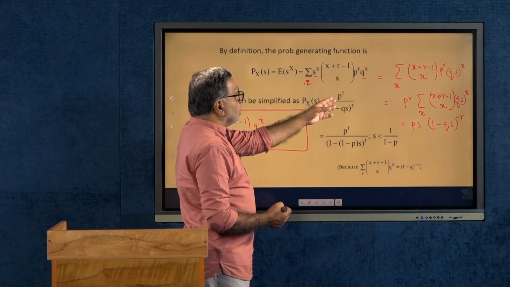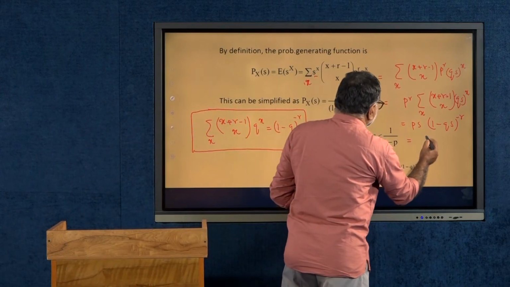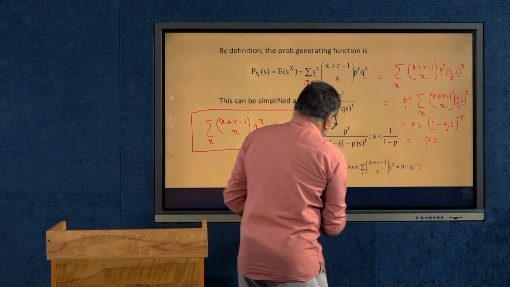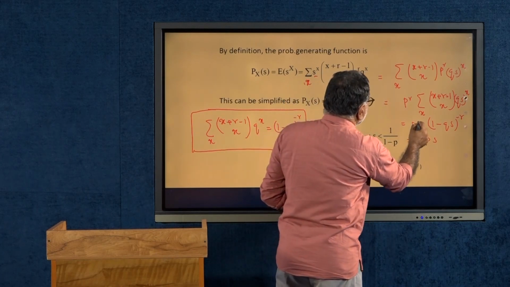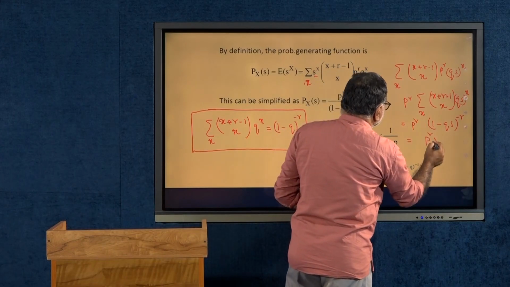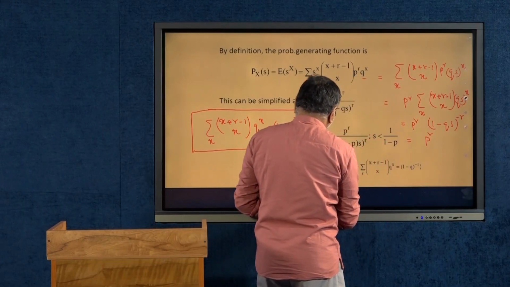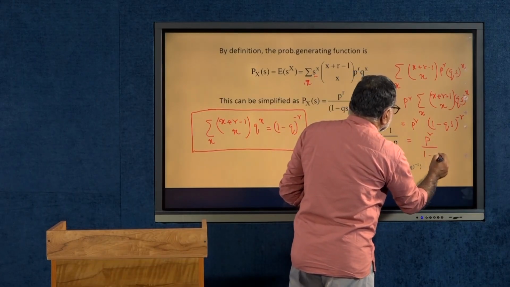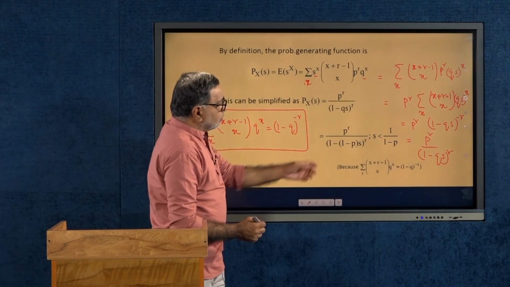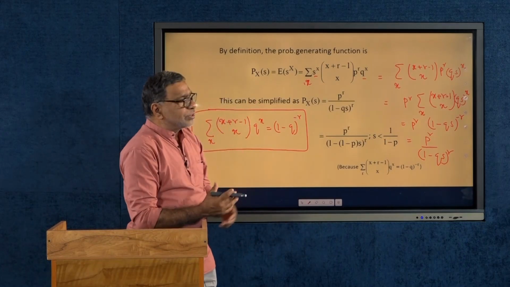So, p power r times (1 minus q s) power minus r, that is p power r divided by (1 minus q s) power r, provided modulus of q s is less than 1, or q s is less than 1.